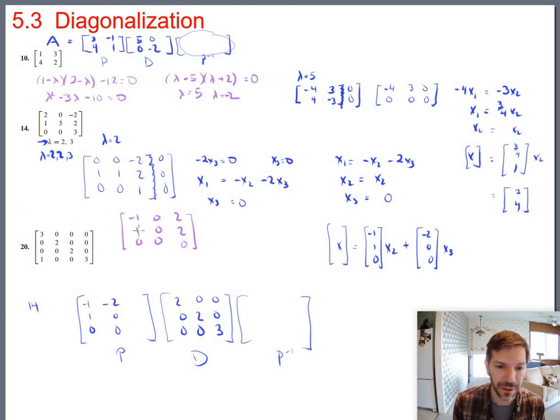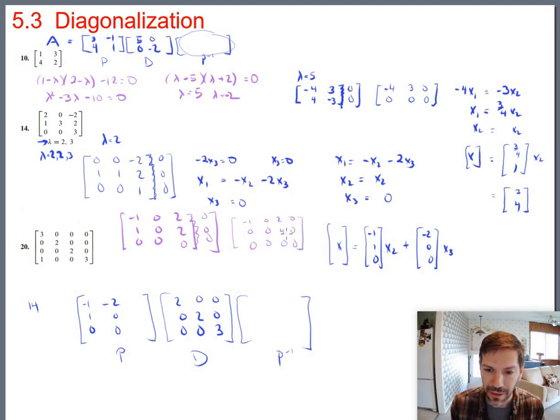And if we continue, and augment, continue to row reduce here. Add the first row to the second row. This becomes negative 1, 0, 2, 0, 0, 0, 4, 0, 0, 0, 0, 0.